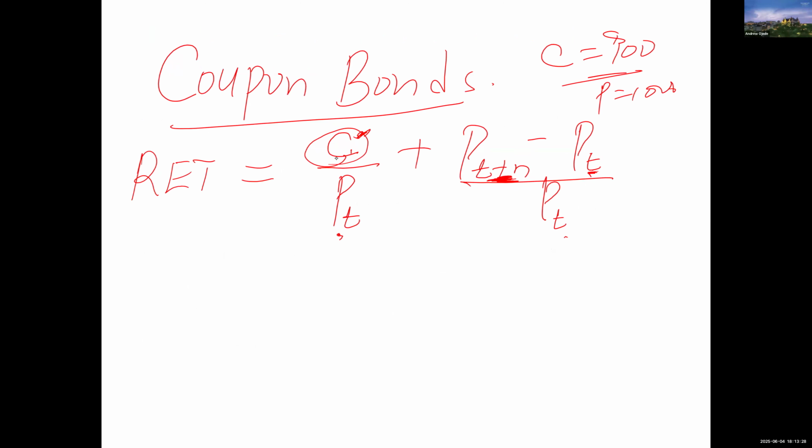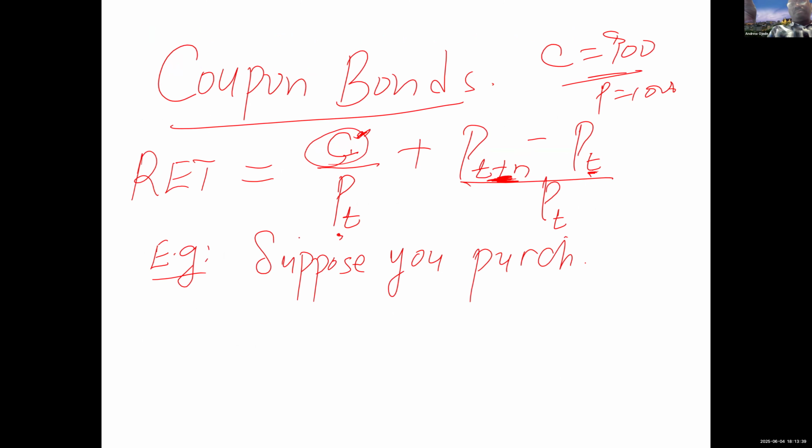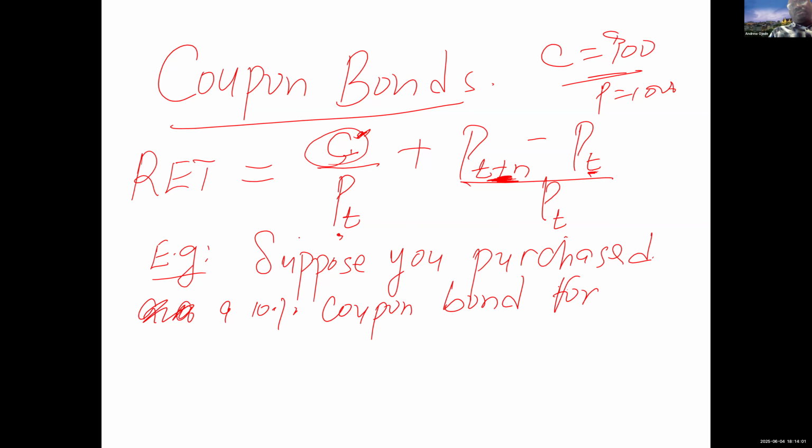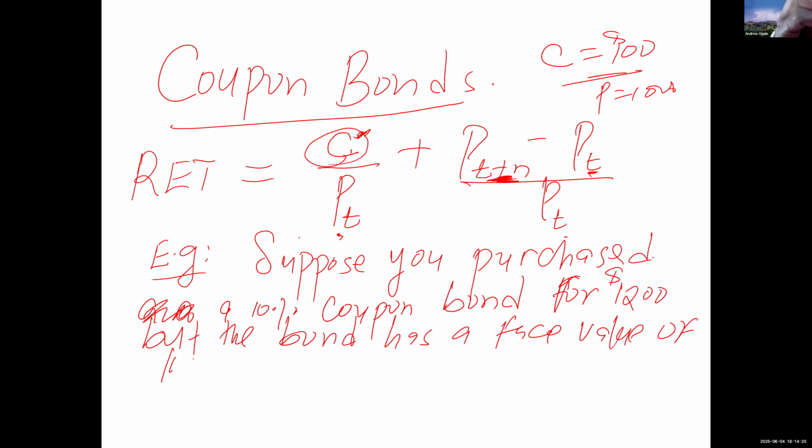Example: suppose you purchase a 10% coupon bond for $1,200, but the bond has a face value of $1,000.